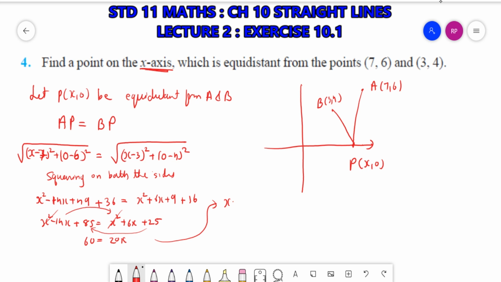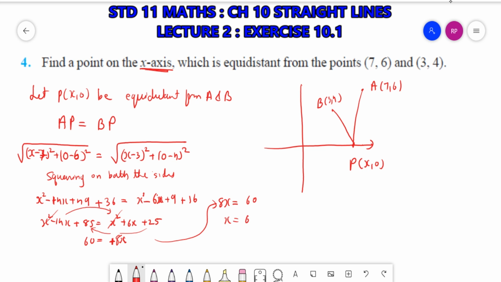So x is equal to 60 upon, sorry, there is a mistake here, it should be minus 6x. So it will not be 20x, it will be plus 8x. 8x will be equal to 60.